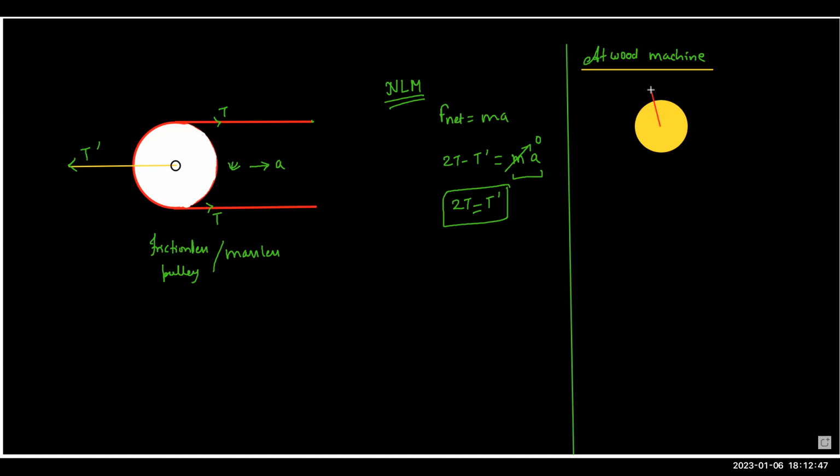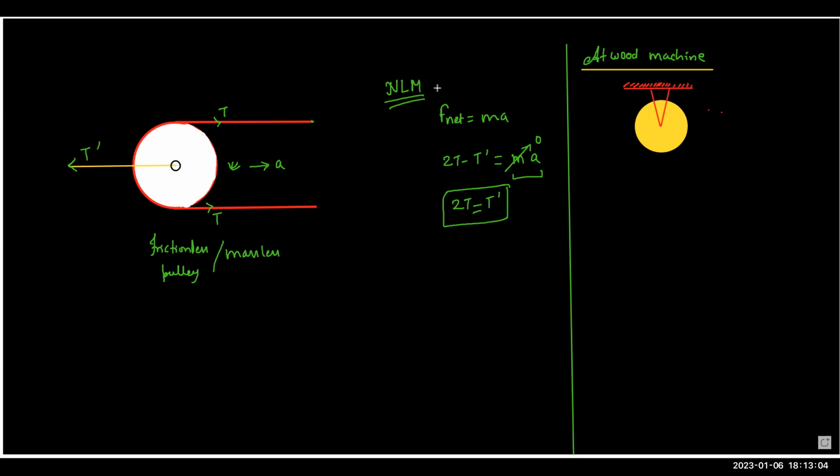So you have to suspend it from some support, and it is free to rotate, or at least it is massless. So you can do either thing. It is frictionless, massless, or it is free to rotate.